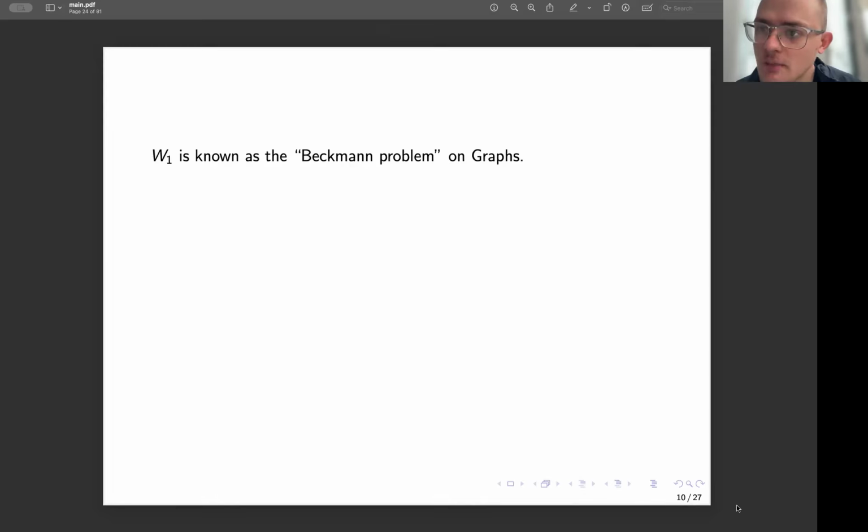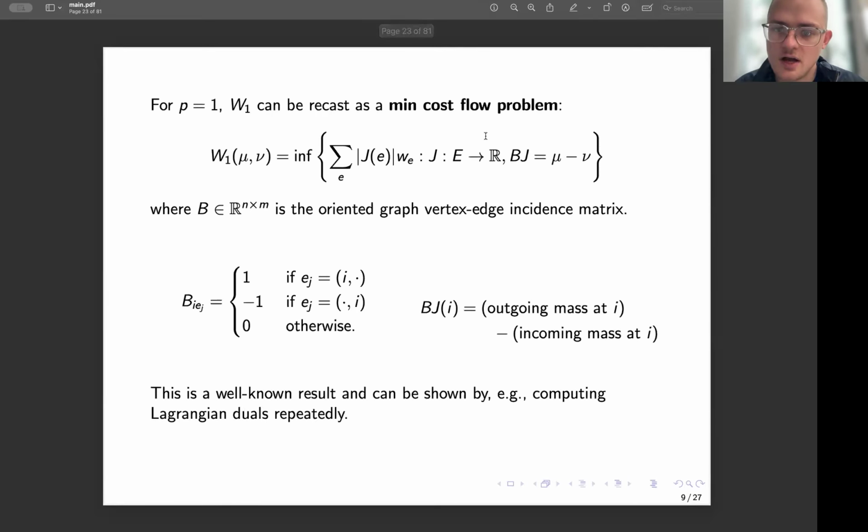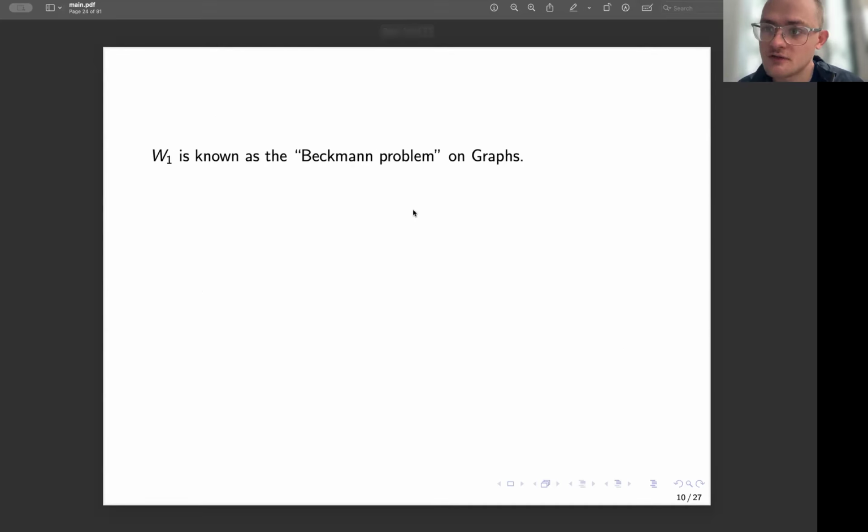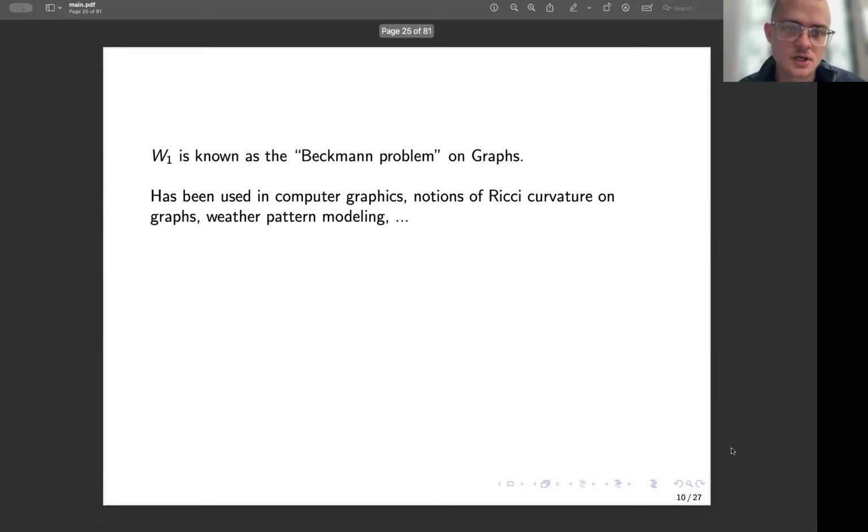Beckmann here refers to Martin Beckmann, who worked on some optimal transport problems on R^n. The visual resemblance between this flow-based optimal transportation problem and the problems that Beckmann worked on in the 50s led to adopting the terminology Beckmann problem in the graph setting in recent years.